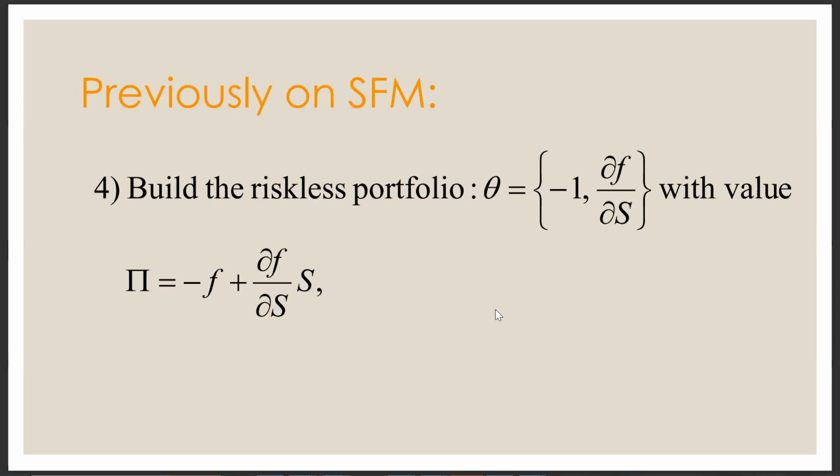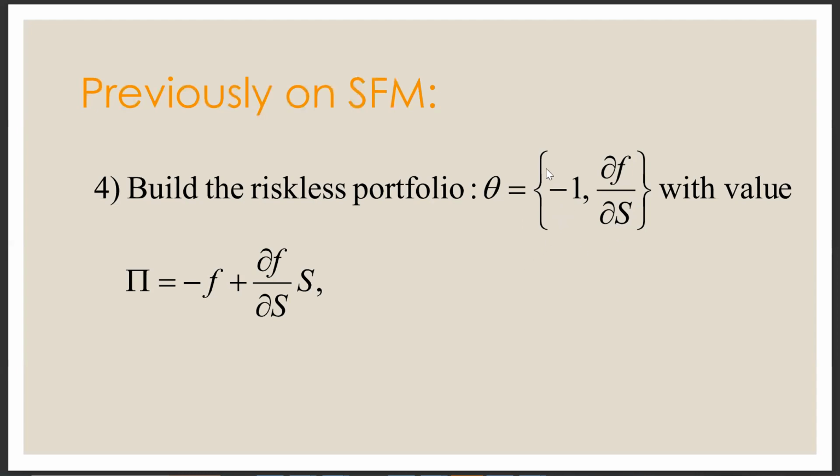Okay, for this we built the so-called riskless portfolio. It is a vector of 2 coordinates: the first coordinate is how much we take of the risky asset 1, and the second component is how much we take of asset 2.